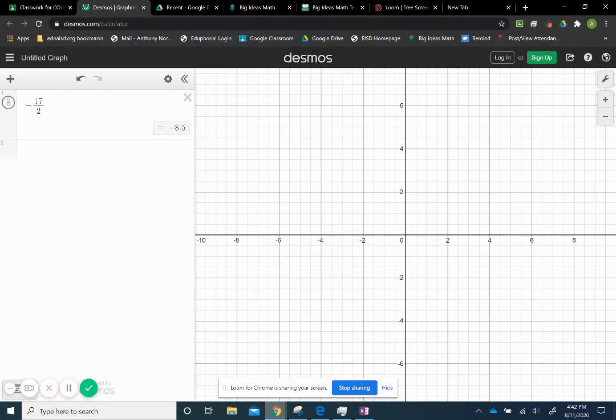But if you need reassurance, or you need to do this yourself, -7 divided by 9, shift 8, -4.